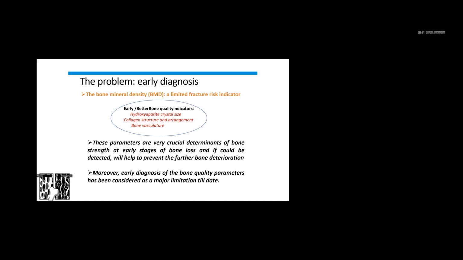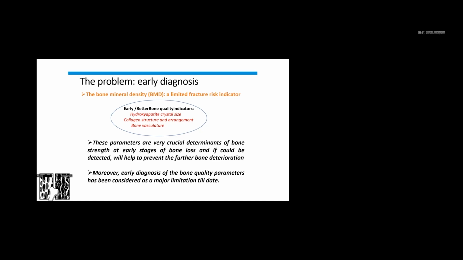We are still working on this. Another thing is that this technique is cost effective if you compare it with DEXA. And as I've told you, DEXA gives us the quantity parameter, and this might give us the quality parameter, which can be considered an early or better bone quality indicator.